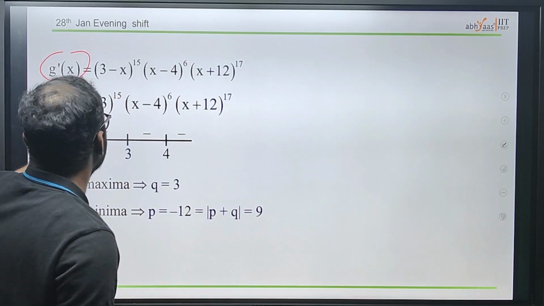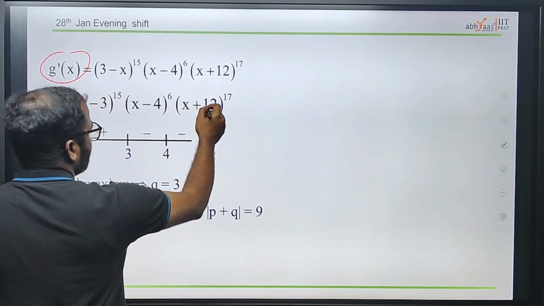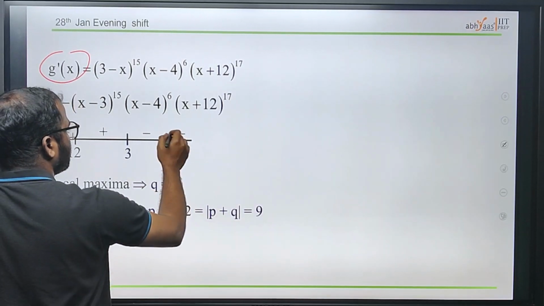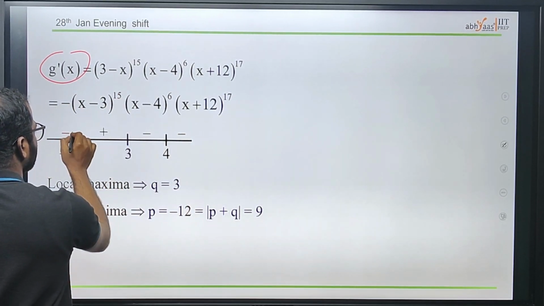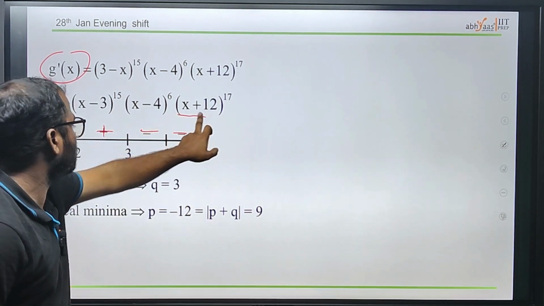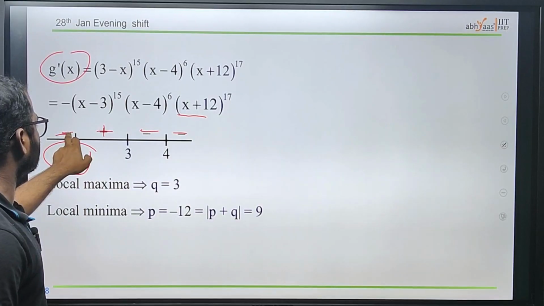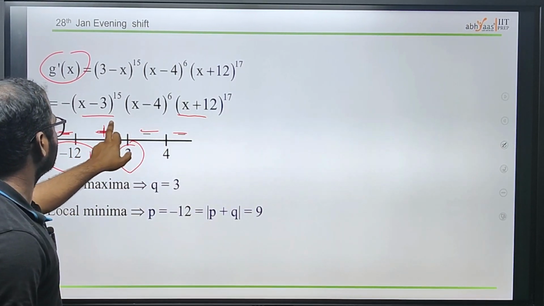We will get this type of situation. Now by using the wavy curve method, here we have x plus 12 power 17, as we will take minus and minus, here we have plus 15. From here, for 12 we will get minus, and for minus 3 we will get positive.